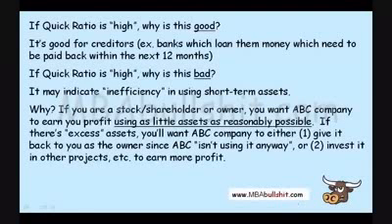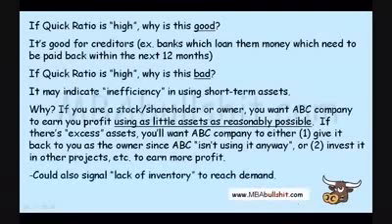If there are excess assets, you'll want ABC Company to either give them back to you as the owner because ABC isn't using them anyway, so that you can use them personally, or you'll want ABC to invest them in other projects so that it can earn more profit for the company.